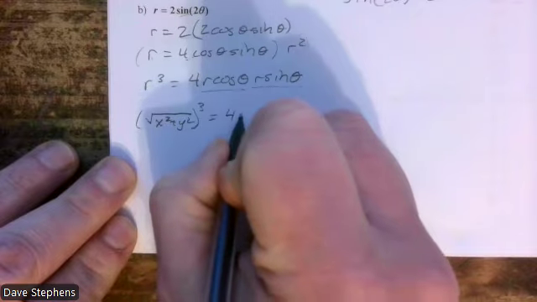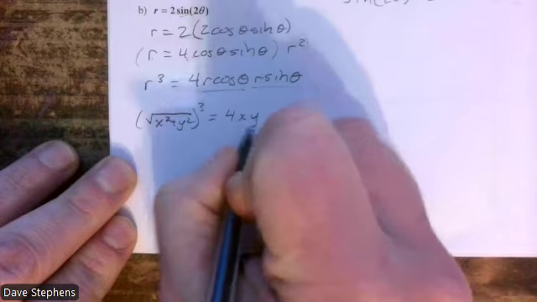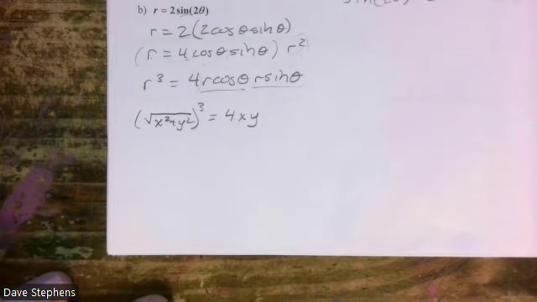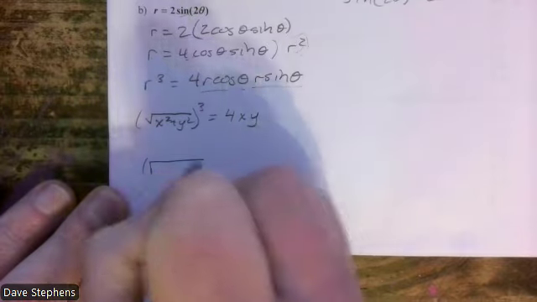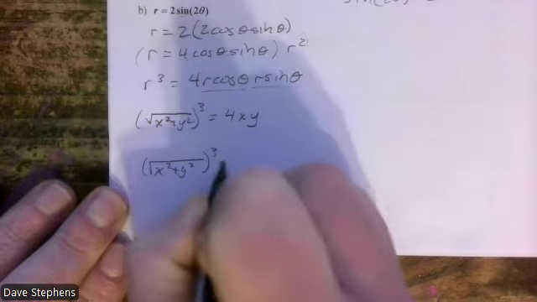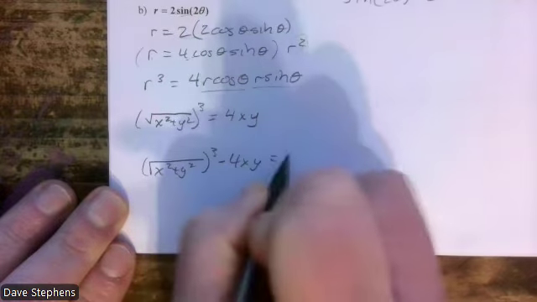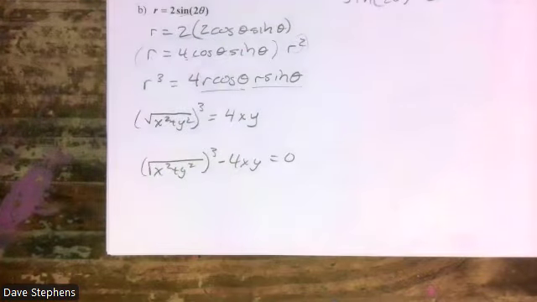Instead of r cosine, I have an x. Instead of r sine, I have a y. And get it all equal to 0. This is stupid, I guess, but we have the square root of x squared plus y squared, cubed, minus 4xy is all equal to 0. Neato burrito. Okay, on to the next.